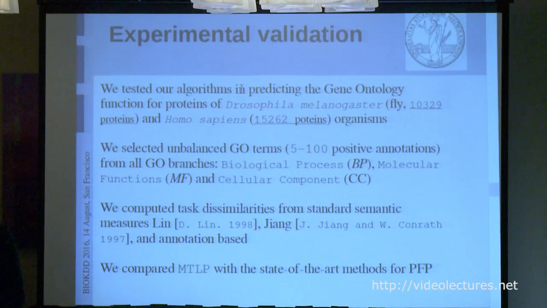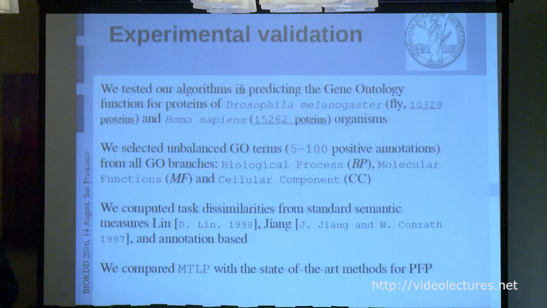This kind of measure, for example, simply given two different functions, considers as a similarity the number of shared genes, that is, genes annotated with both functions, divided by the total number of genes annotated for these two functions. That is a kind of standard annotation-based similarity measure.